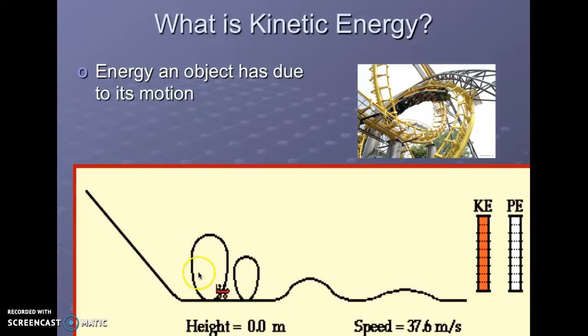So every time we're high off the ground, our potential energy is converted to kinetic energy. As that converts, these levels start to change places, so the kinetic energy will increase as our potential energy decreases.